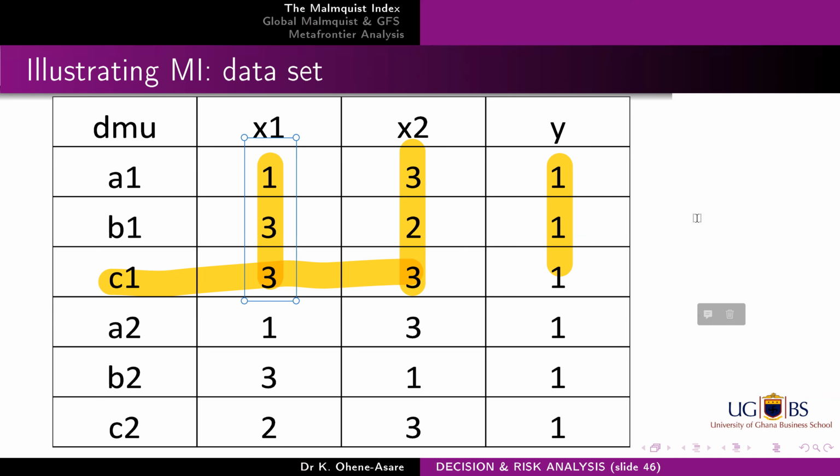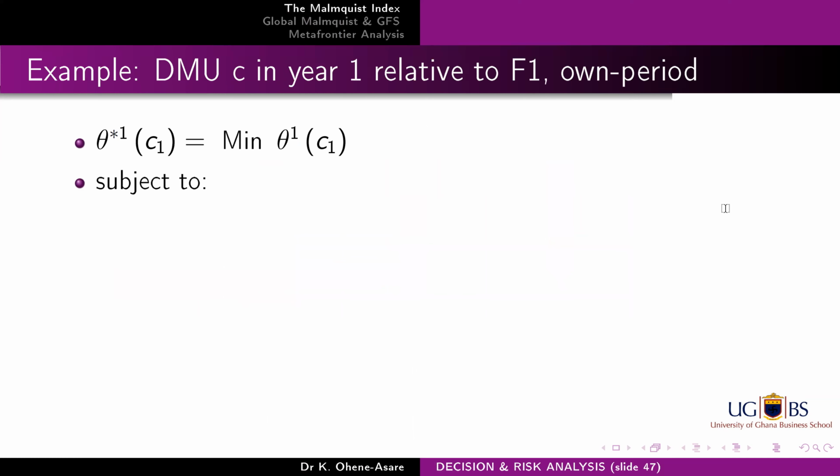Okay. Now, let's show that and see how it technically works. So we write theta 1 star, that is the efficiency of firm C in year 1 relative to frontier 1. This score on the left-hand side is only achievable by minimizing this theta for this DMU, subject to the output constraint. So I'm bringing the output constraint first.